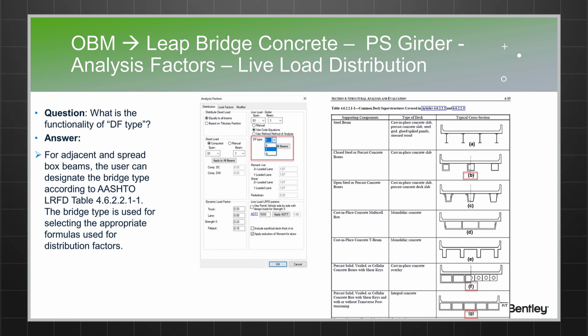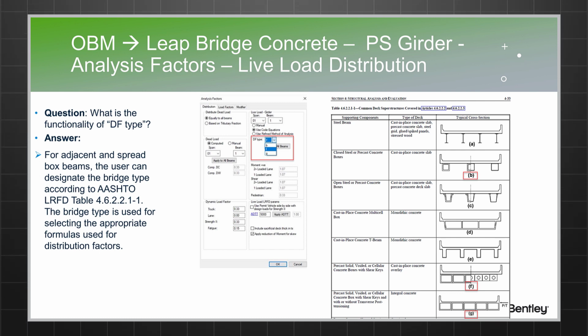There is an option called DF type in the analysis factor distribution tab. So what is the functionality of this DF type? In the current release version, we added this new feature. It is available for adjacent and spread box beams. The user can designate the bridge type according to AASHTO LRFD table 4.6.2.2.1-1, as you can see in the screenshot taken from the AASHTO code.